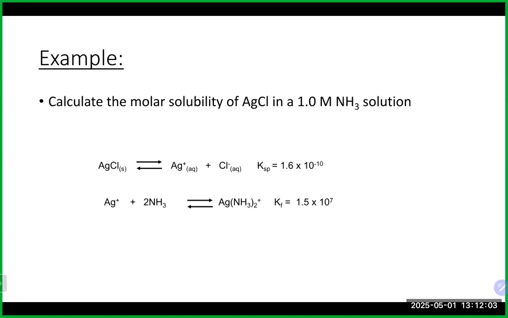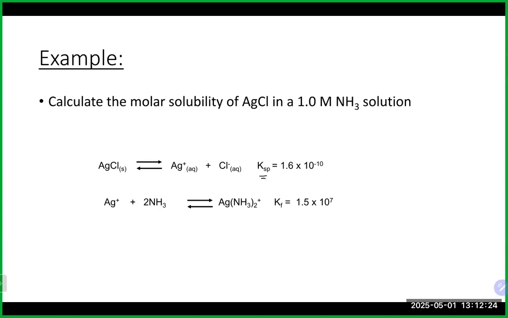Let's take a look at one more example here, which is this one. We want to calculate the molar solubility of silver chloride in 1 molar ammonia. They actually give us two equilibriums here. So we have our silver chloride, which is insoluble, and we have a KSP equilibrium.